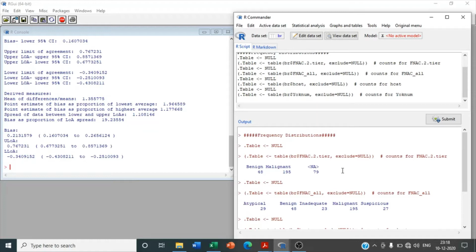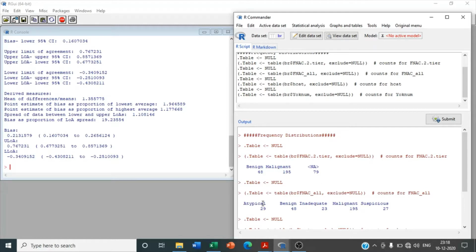Once we get the basic descriptives, for the sensitivity and specificity, we have to delete or exclude the inadequate cases. The inadequate cases are totally uninformative. In FNAC, we have to differentiate the inadequate from the indeterminate categories.